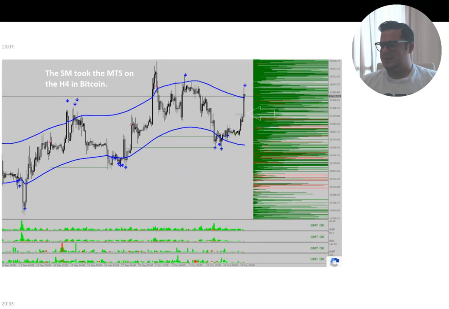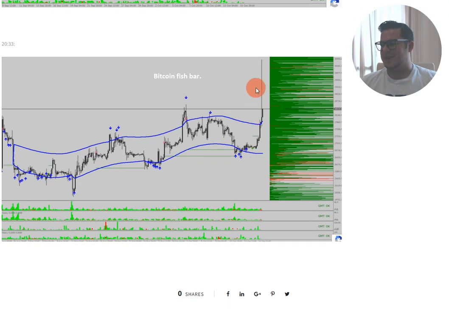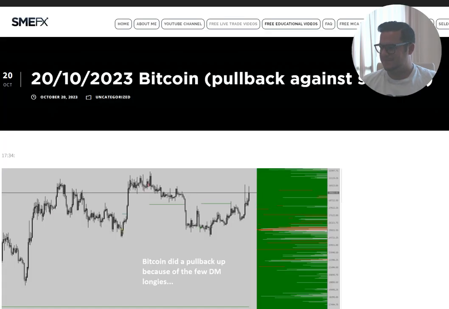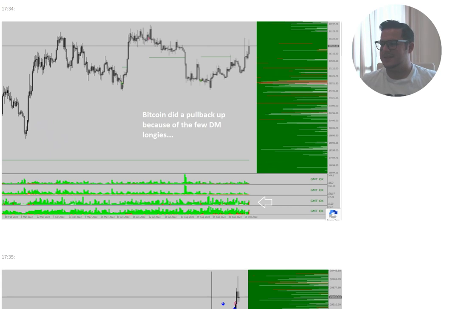Bitcoin, I should comment on that. Remember, they took the lower MTS with precision, then took the upper MTS, and then did this crazy boom, stop onto the top, and then came straight down. So this is how this looks on the higher time frame. You see, they are MTS hunting in this market without question.